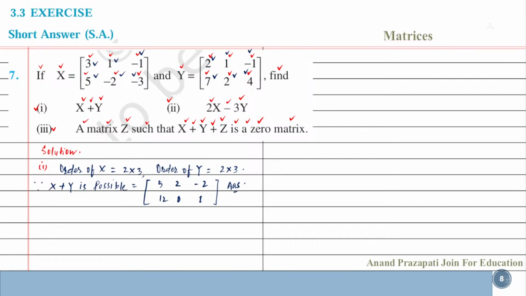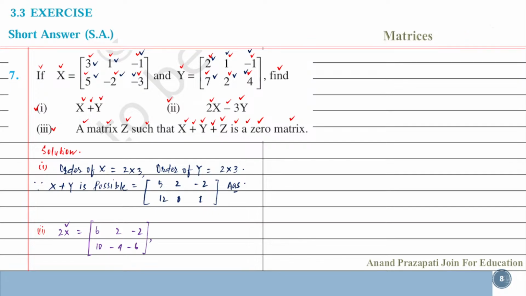Let's see the second part of this question. First of all we find out 2X. So here 2X equal to each element of the matrix X multiplied by 2, then we get here 6, 2, -2, 10, -4, -6.